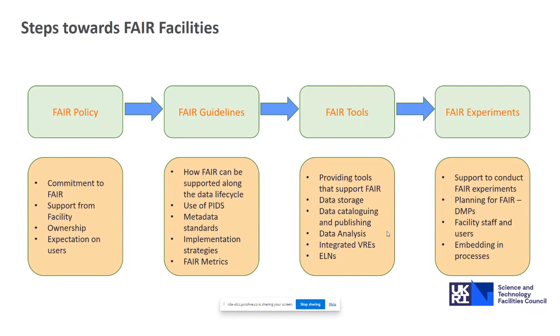We want to provide guidelines to build on that: how we might support FAIR, how we might use persistent identifiers, what metadata standards we should be using, what implementation strategies we should be using to support FAIR through the life cycle, and also FAIR metrics, how we're going to measure our fairness.